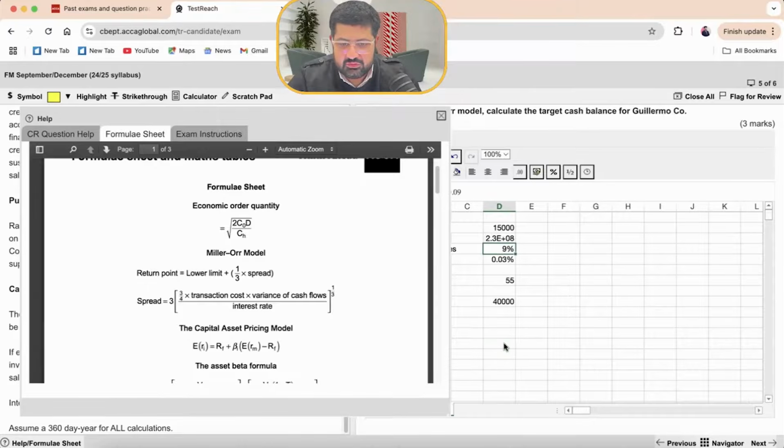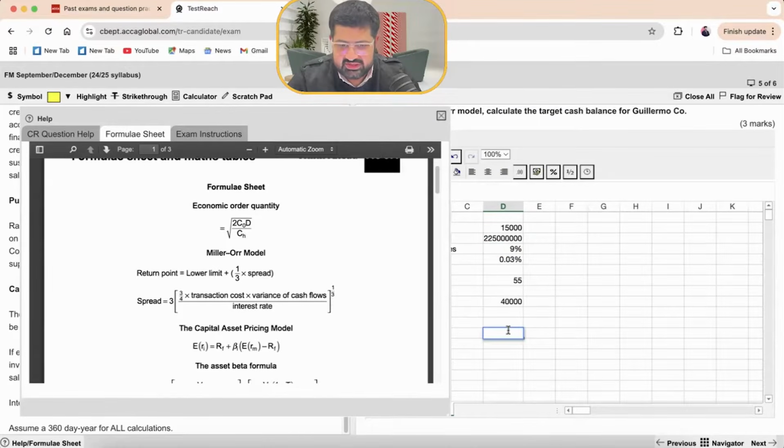Once again. So 3 into 3 by 4 into transaction cost into variance of cash flows divided by interest rate, bracket closed, and then raised to power 1 by 3.